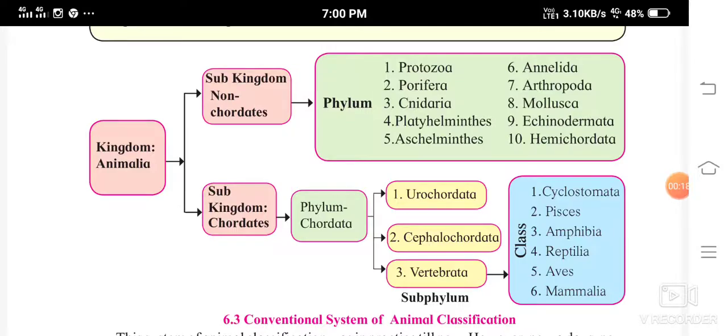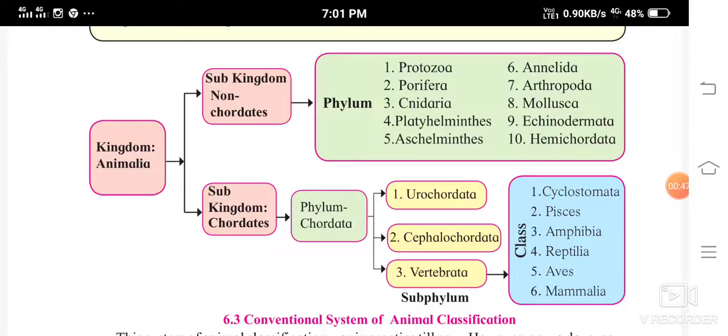Non-chordates was again divided into 10 phyla, that is Protozoa, Porifera, Cnidaria, Platyhelminthes, Aschelminthes, Annelida, Arthropoda, Mollusca, Echinodermata, and Hemichordata. Then the subkingdom chordates was divided into only one phylum, that is phylum Chordata.